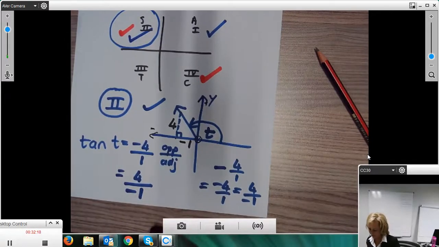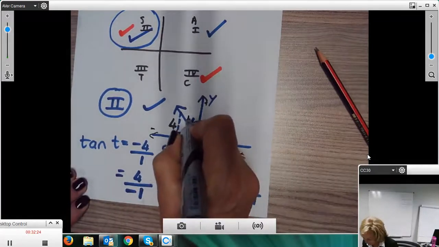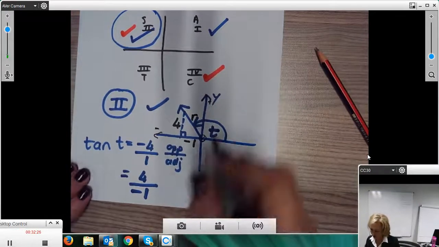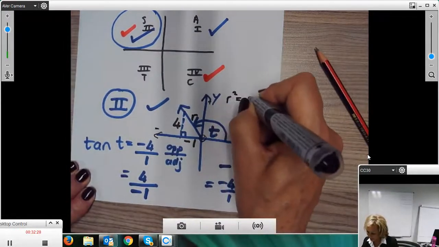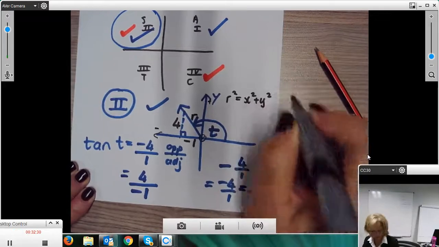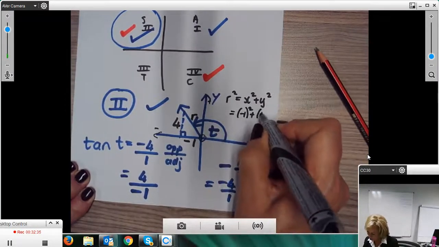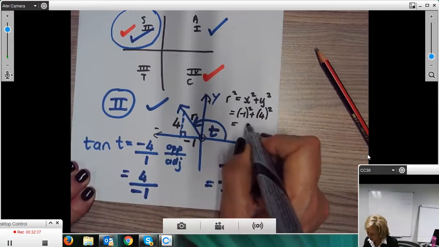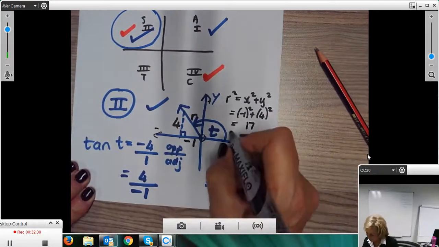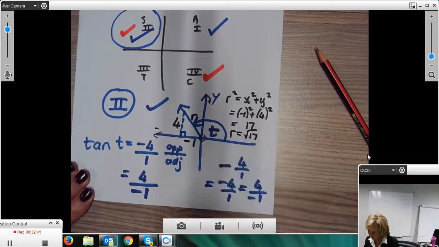Right, so if you want to work out any of the other trig ratios, it doesn't matter which one they ask you, you should work out the third side. So the third side is the hypotenuse. Okay, so it's r squared is x squared plus y squared. So x in this example is -1, y is 4, and so I get 17. The radius then is the root of 17.